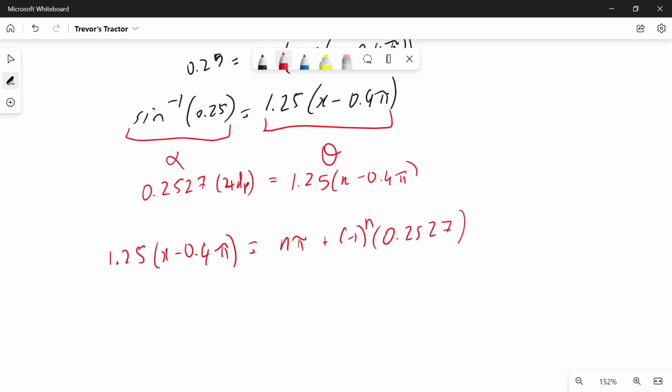And now I have to solve for x. So I divide by 1.25 and I go through the processes. And solving this general solution should give me the answer I want.